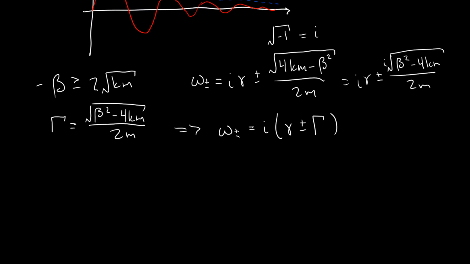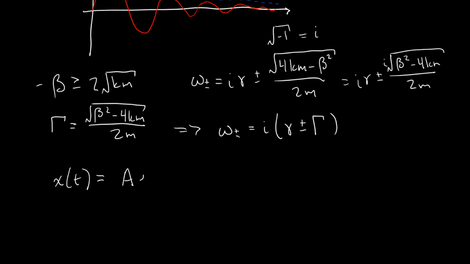Now, in this case, we do the exact same thing. We get these delta functions, we integrate the delta functions, and so on and so forth, except now I get something which is only exponential decay.